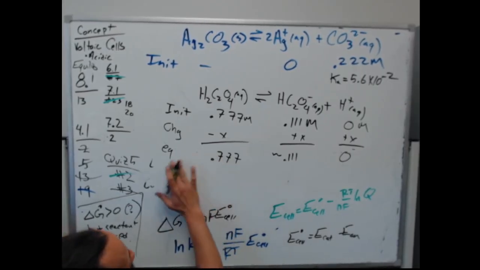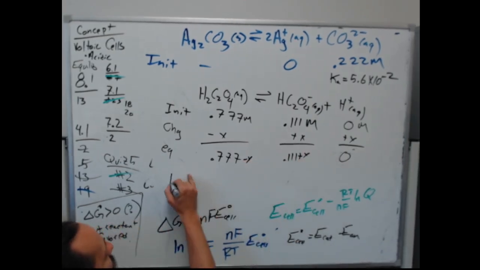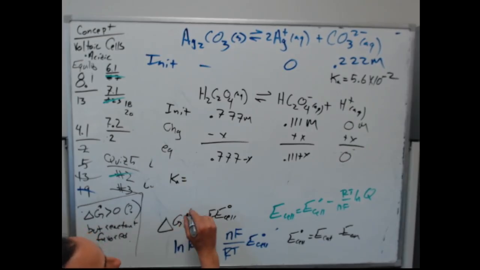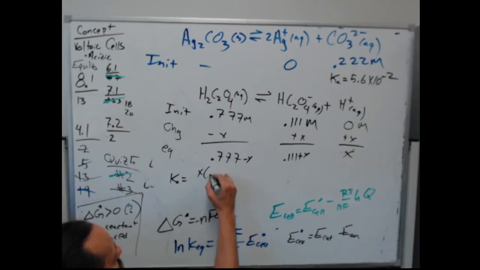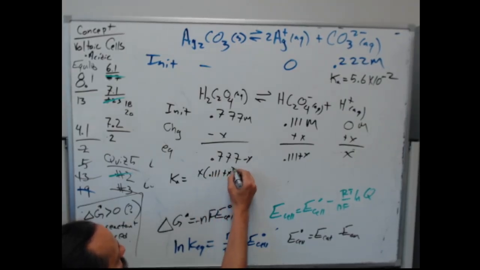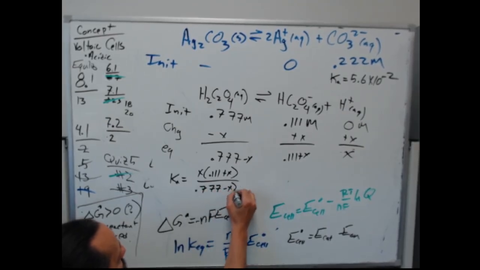So technically, let's go ahead and include this minus x, plus x, right? My Ka value would be, oh, that's not 0, that's x. My Ka value would be x times 0.111 plus x, divided by 0.777 minus x.